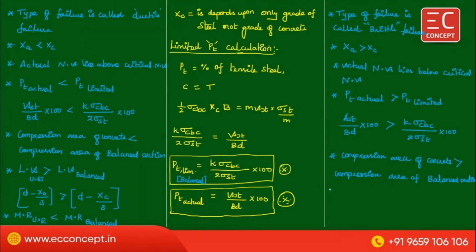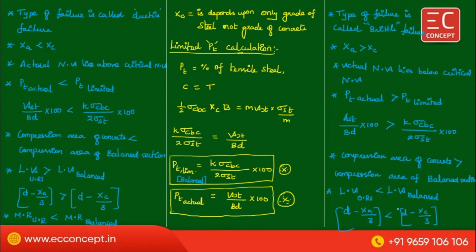The next point is that the lever arm for the over reinforced section is less than the lever arm of the balanced section. That means lever arm is what? D minus XA. Because XA is greater than XC, anyhow this is less, right? Then D minus XC divided by 3.